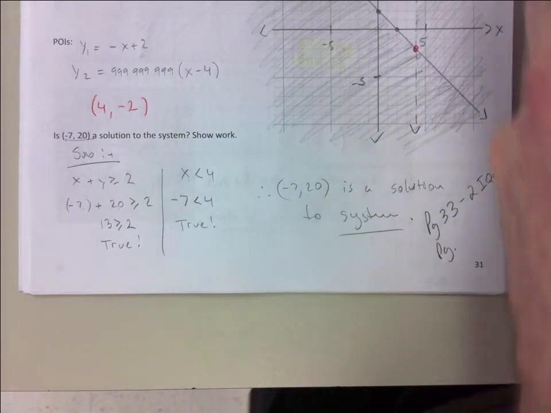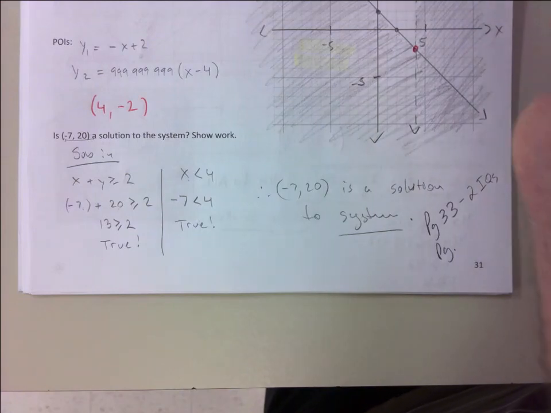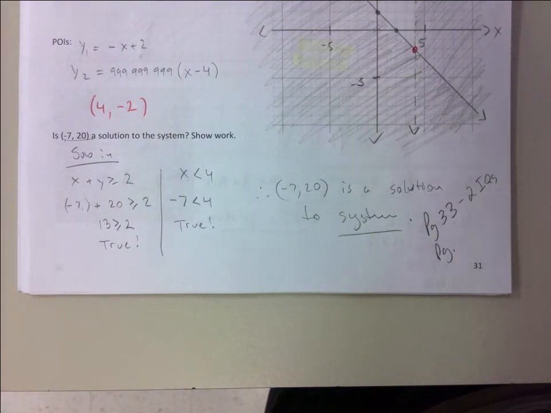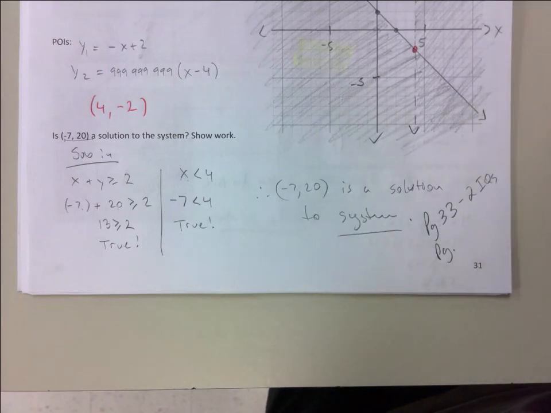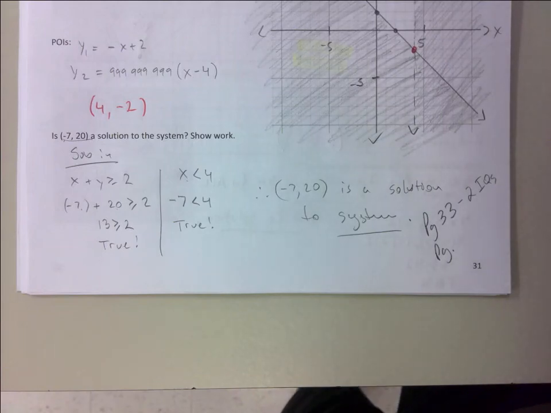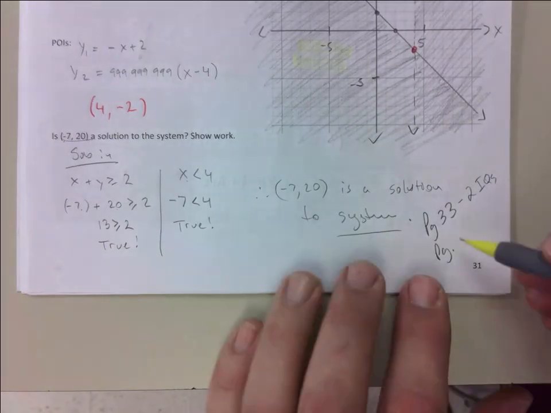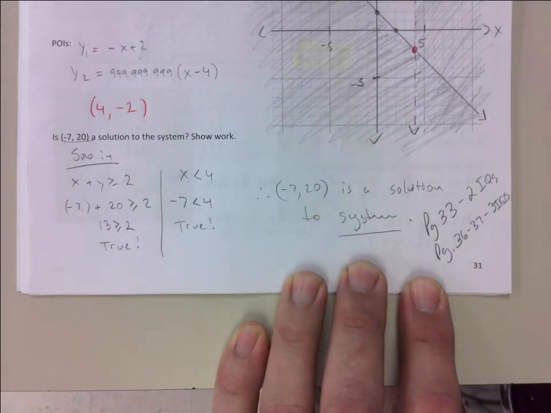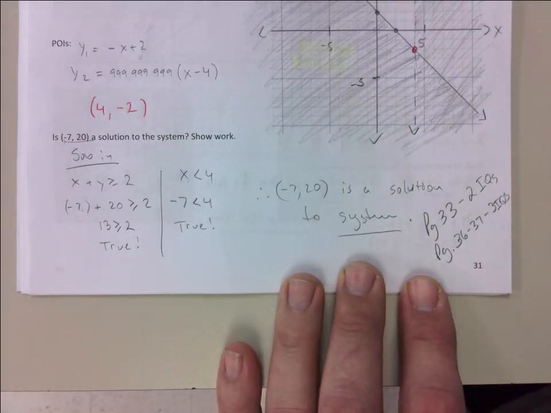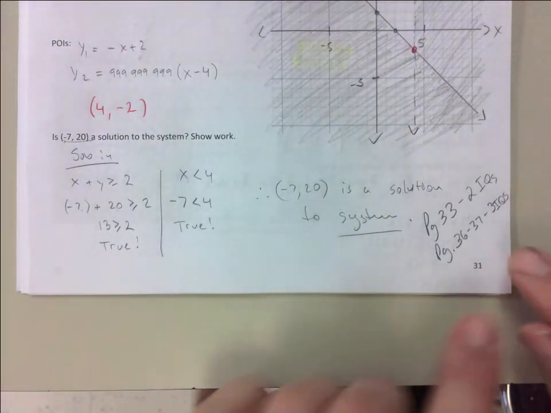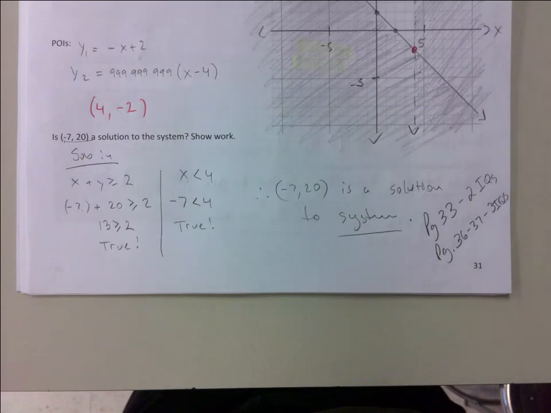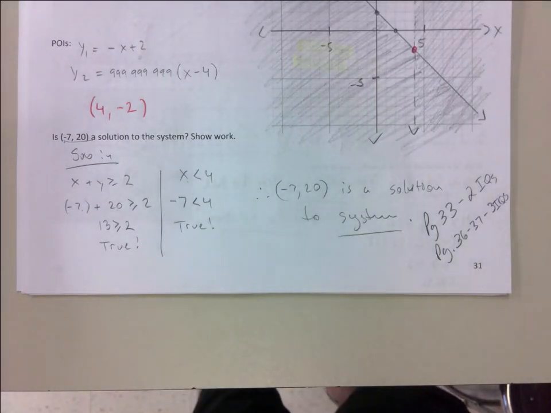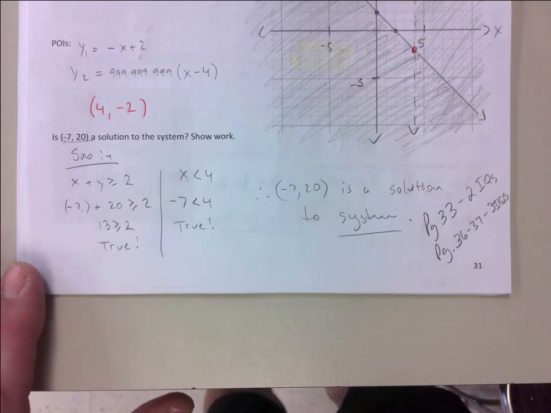I'm just going to make sure I get the numbers right. 36 and 37. So 36, 37, 3 inequalities. Okay, so I'm going to let you swim a little bit on your own. 36, 37 has 3 inequalities. You're like, what? Right? Try to take it as far as you can.